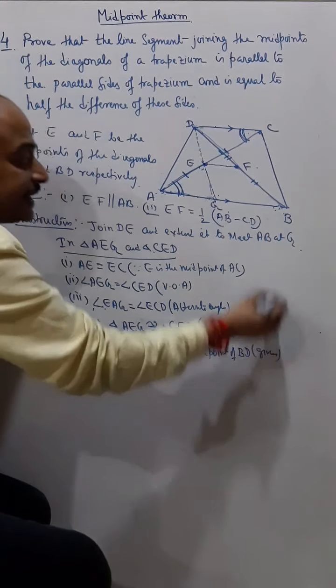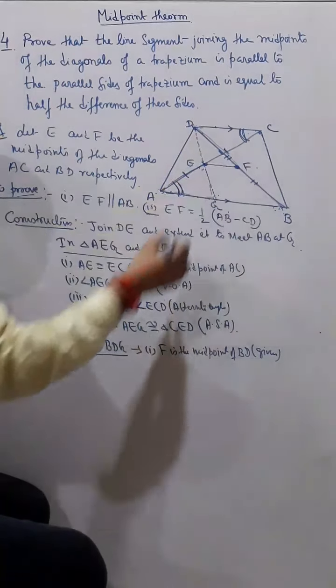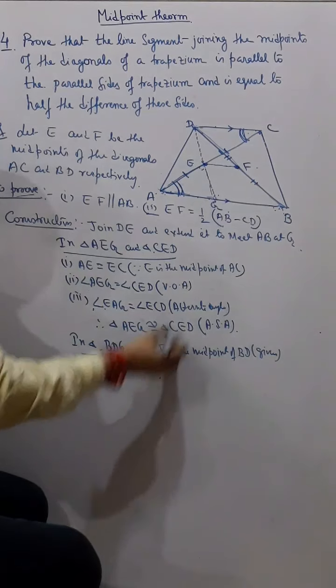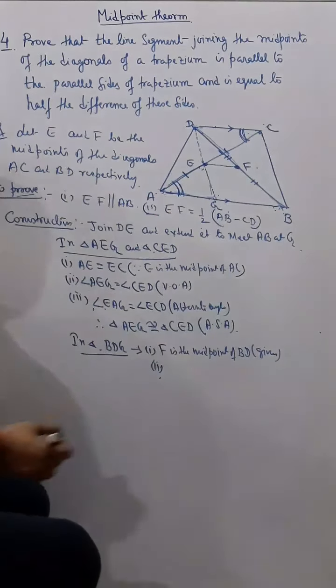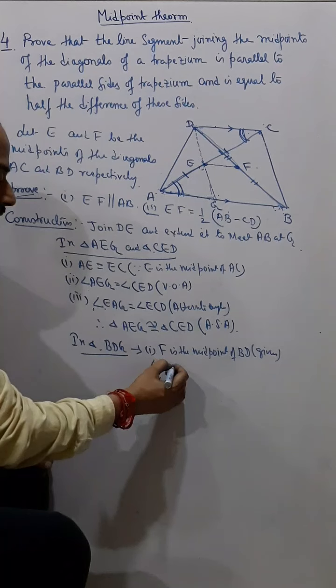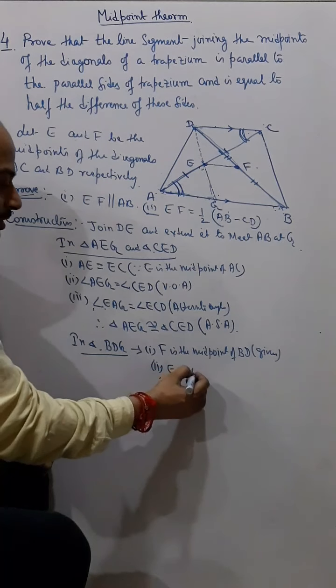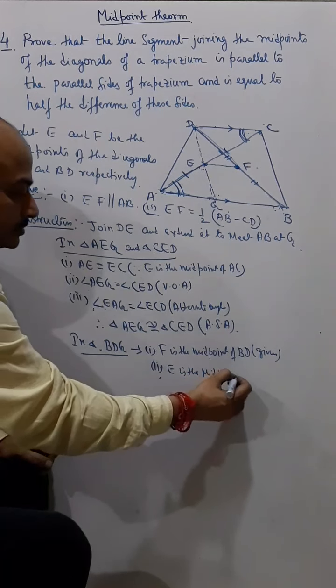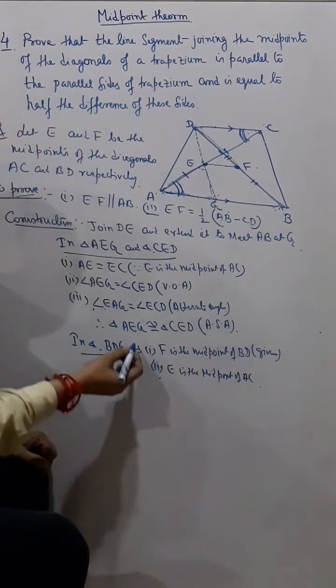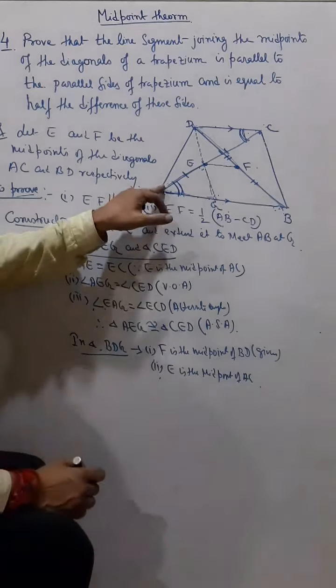Number 2, E is the midpoint of DG, because these two triangles AEG and CED we have already proved congruent.